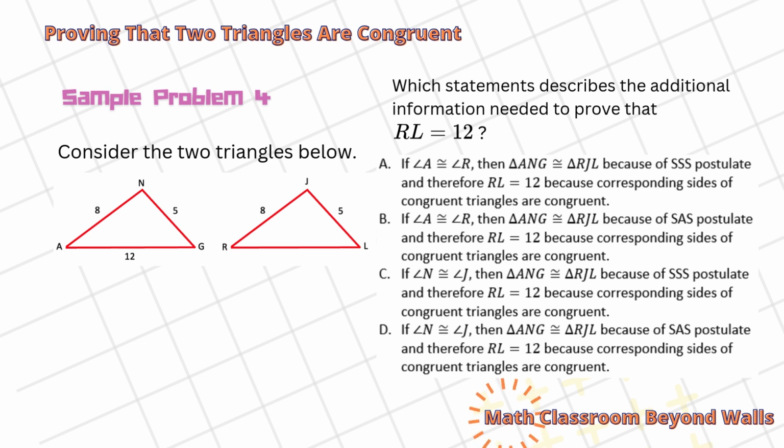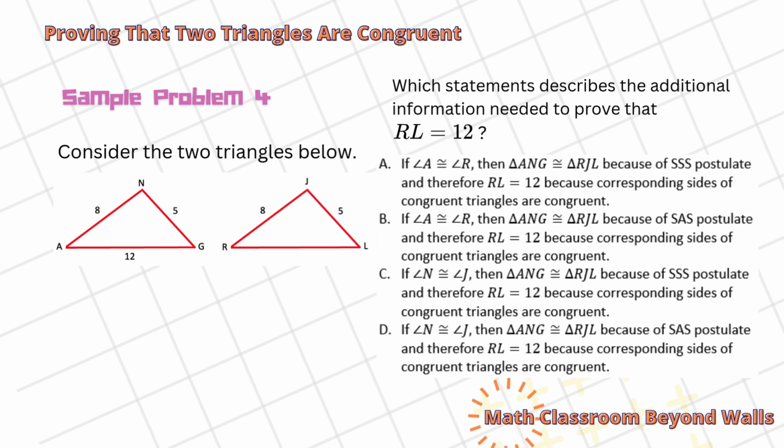Option B, if angle A is congruent to angle R, then triangle ANG is congruent to triangle RJL because of SAS postulate, and therefore RL equals 12 because corresponding sides of congruent triangles are congruent.